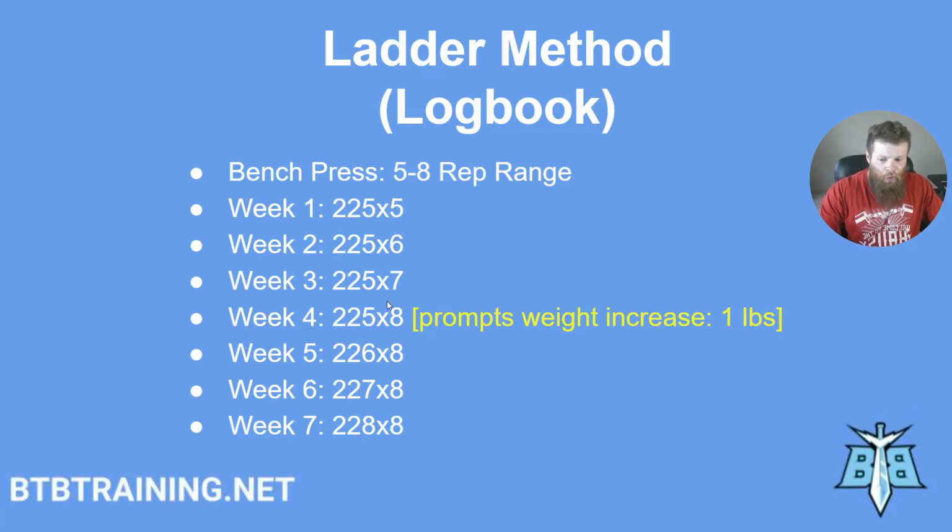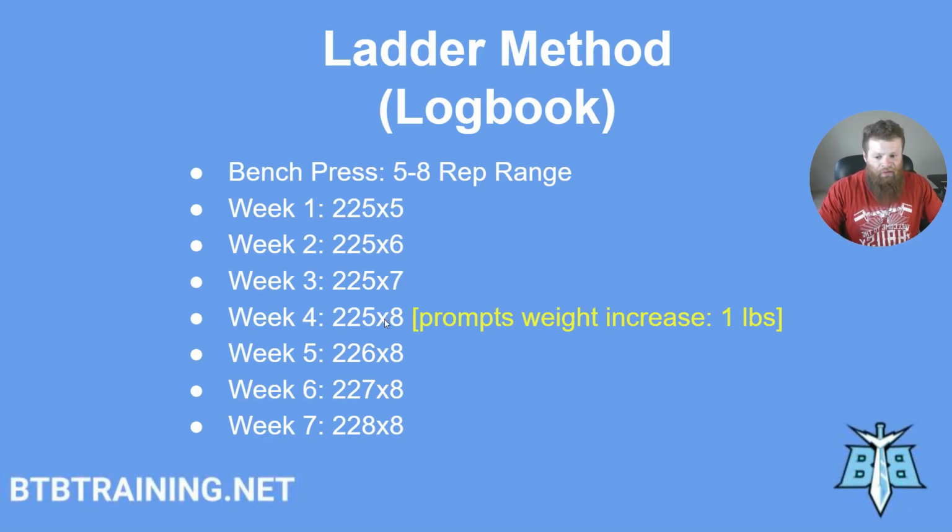But with the micro load method, instead of adding 5 pounds, we only add 1 pound, and we go from 225 to 226. And because the amount of weight that we have increased is a lot less, your body, from my experience, is easier to adapt to that load increase. And then instead of going down in repetitions, I have found that I'm very often able to keep my repetitions the exact same while adding small amounts of weight.